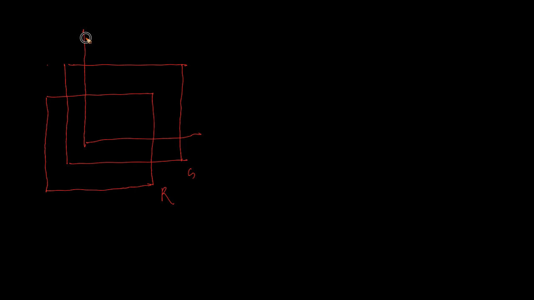This is red, this is green, and this is blue. So if I put these three components together, I'll get a 3D tensor or cuboid-like structure, right?